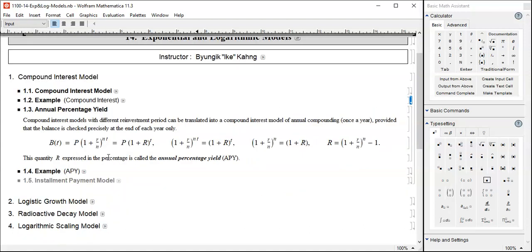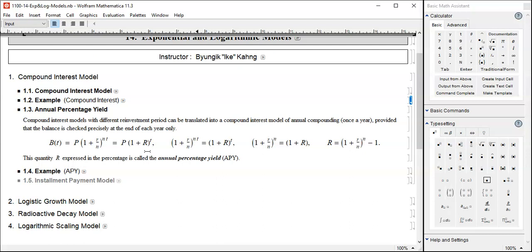Basically, it's this. This is a compound interest model with different numbers of compounding. So the n value can vary, typically 4 or 12, but it could be something else. But then again, what if I translate it so that it compounds only once a year?